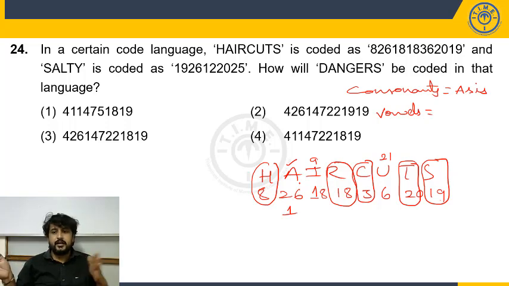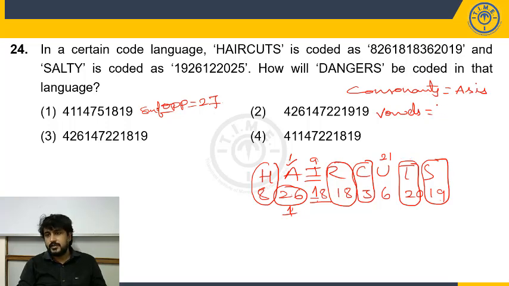A and Z are opposite. So Z place value is 26. Similarly, I is 9, R is 18. Or else, in simple form, the sum of the place values of opposite letters is equal to 27. So 1 plus 26, 27, 9 plus 18, 27, 21 plus 6, 27.